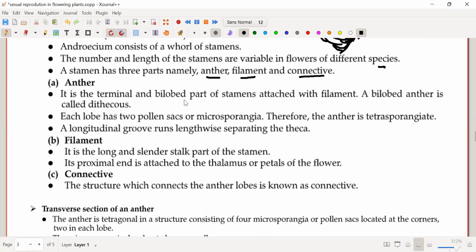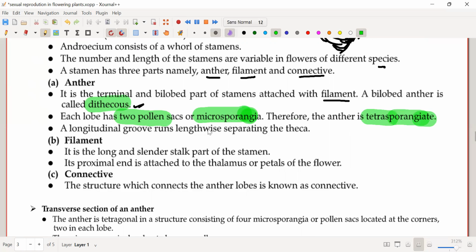It is the terminal and bilobed part of the stamen attached to the filament. A bilobed anther is called dithecous. Each lobe has 2 pollen sacs or microsporangia. Anthers are tetrasporangiate.